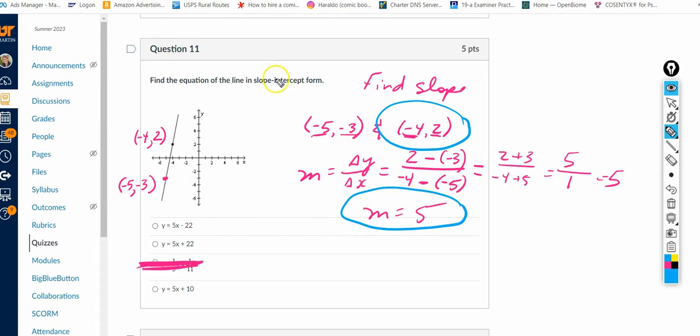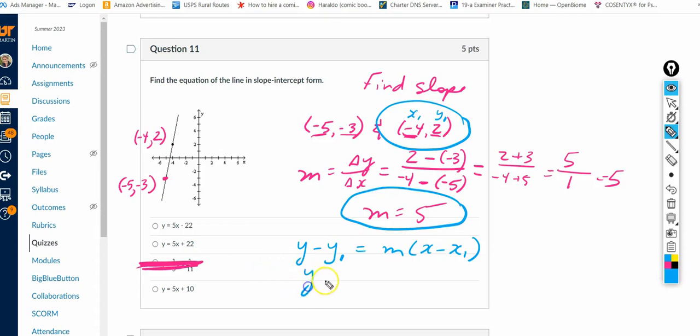So if I use the slope-intercept form or point-slope form, there are different forms you can use. You just have to match it up with the form they have in the answers. I know that y minus the y-coordinate of my given point is equal to the slope times x minus the x-coordinate of my given point. So this is going to be x1, y1. So this is one way to do it.